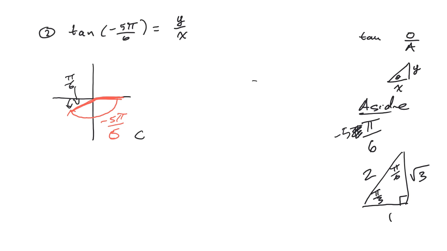And remember, in our CAST rule, we know that tangent is only positive in this angle, in this quadrant.